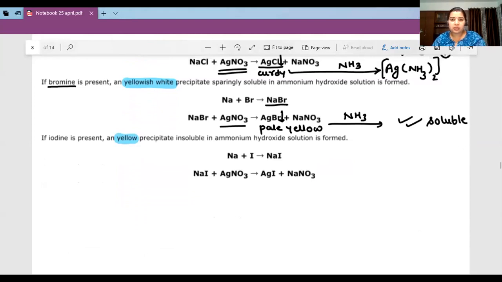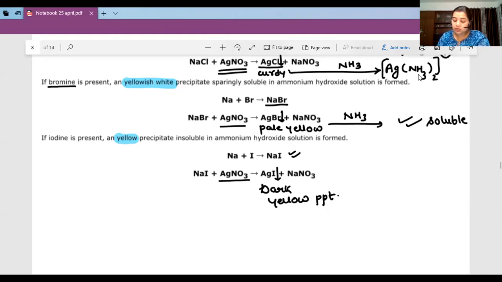Now, in case we had iodine in it, then this iodine will form NaI, and on addition of AgNO3, in the end I will have AgI, which is a dark yellow precipitate. Okay, if we have iodine, then we will get a dark yellow precipitate.